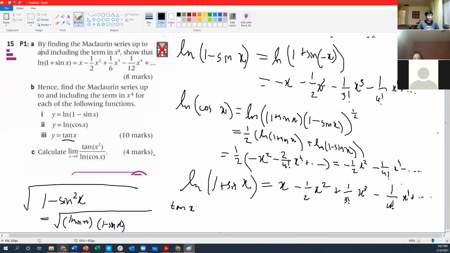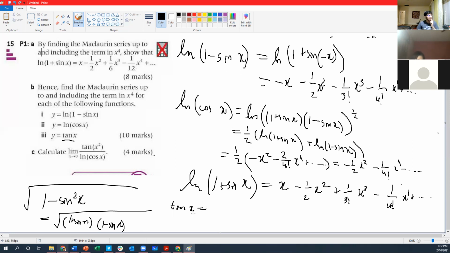I just realized that. So we need to represent tan. Wait, tan is the derivative of something. There might be a way to do this using a derivative.